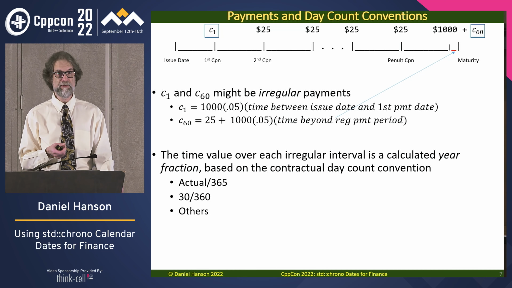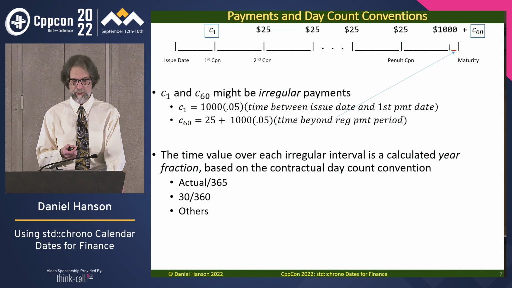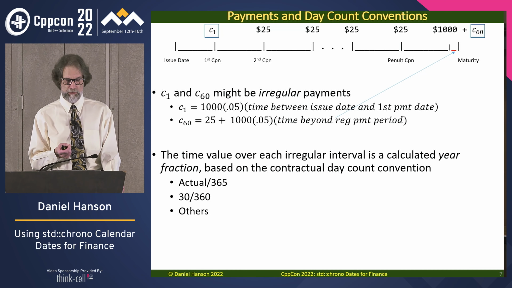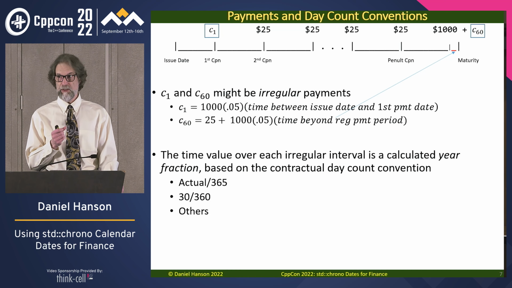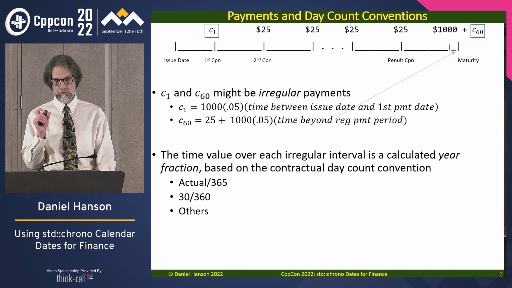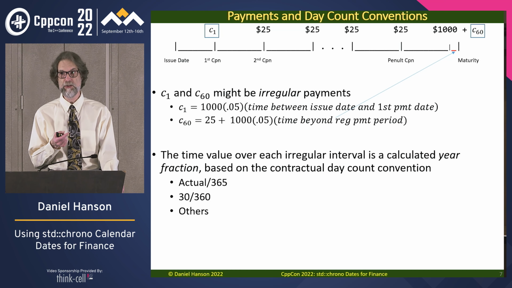And there are a number of others. But the point is that it may seem trivial, but you need to get these year fraction calculations correct. If you don't, then another trading desk might figure out that you're calculating your bond incorrectly, and then they can use it against you and trade against you, and your trading desk might lose some money.